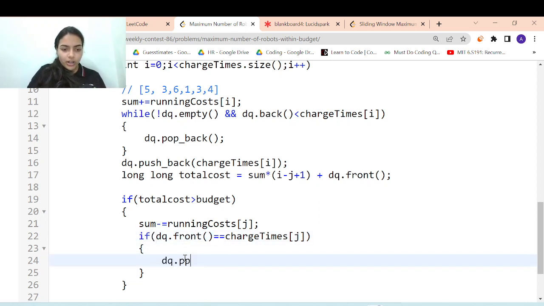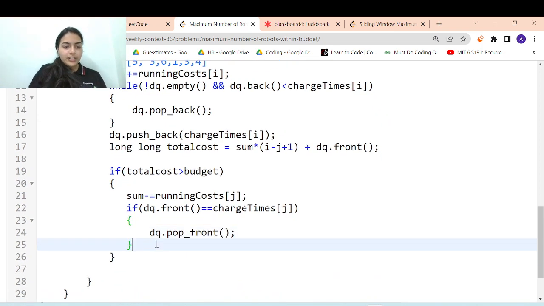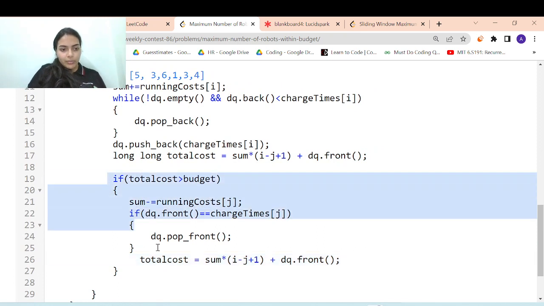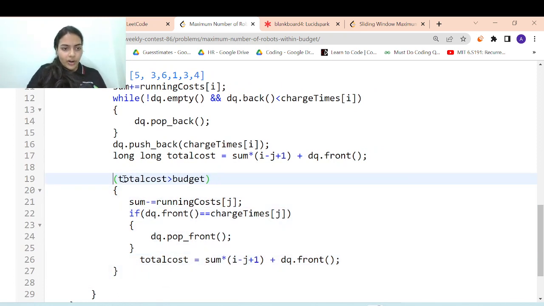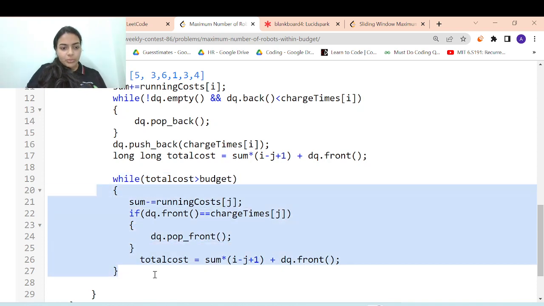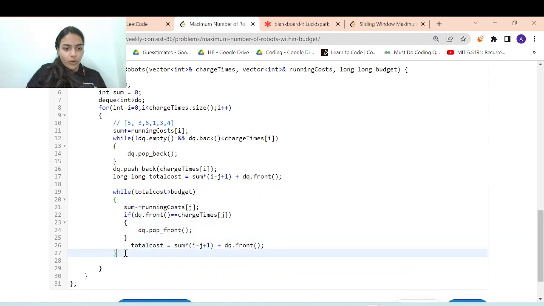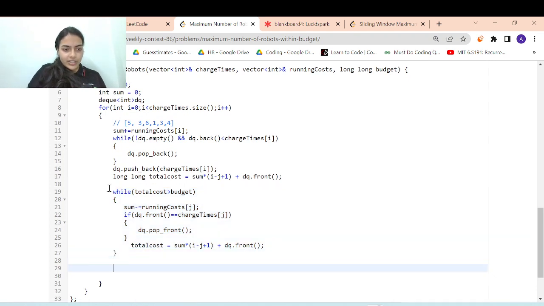So DQ dot pop front. Now you can again calculate the total cost. Total cost will be same as this line. Now you will keep doing this while, not if, total cost is greater than budget, you can keep removing elements. After this is done, total cost will always be less than or equal to budget. Whenever this loop exits, total cost will be less than or equal to budget.